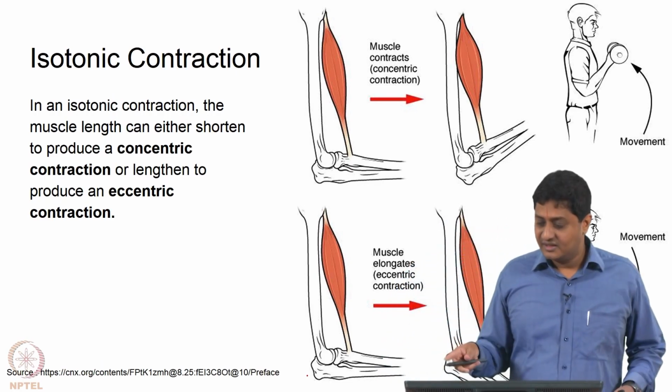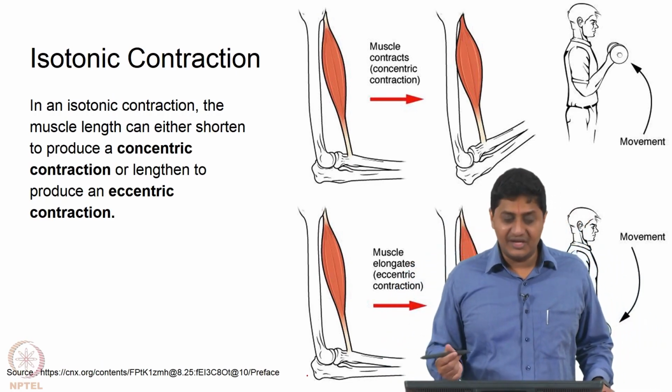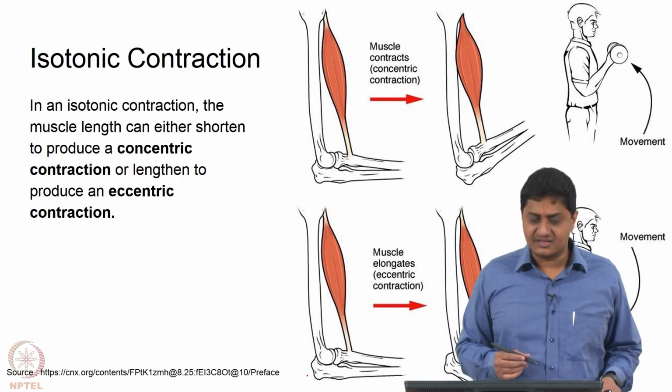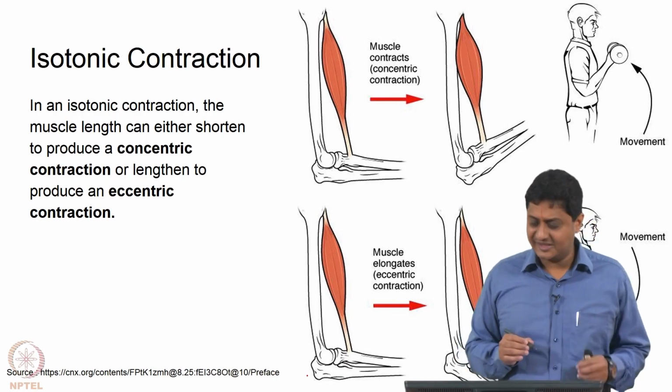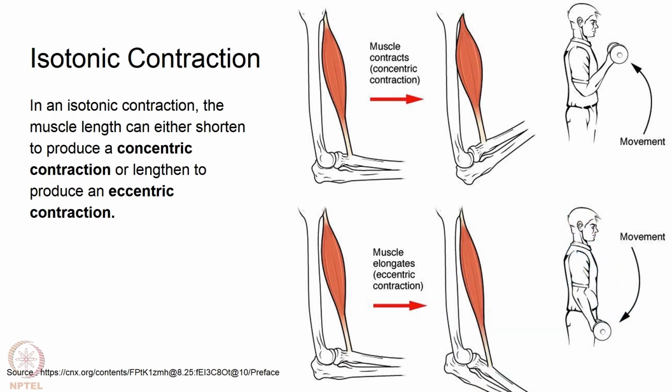In such cases the force will remain approximately constant, not exactly constant. Remember that theta was this much here, now that is theta 1, and that is theta 2. In that case theta 1 is less than theta, and theta 2 is greater than theta.